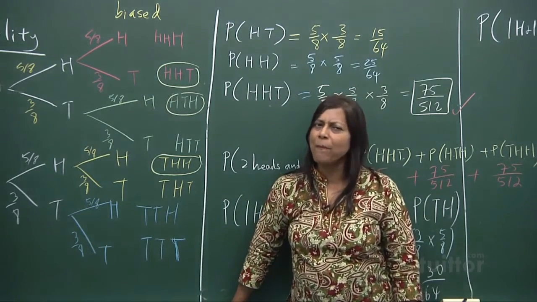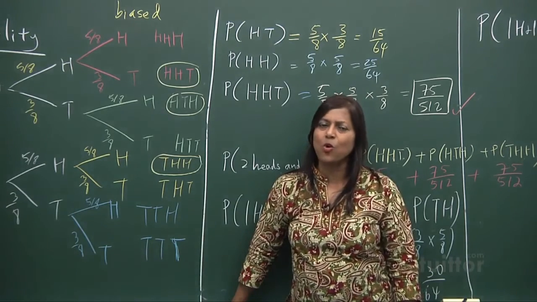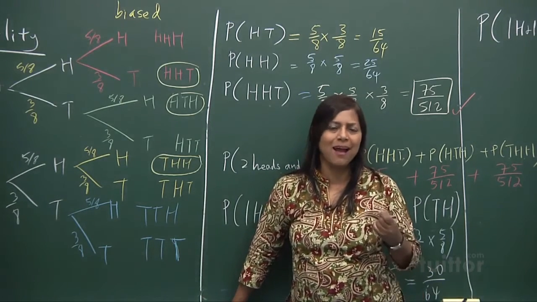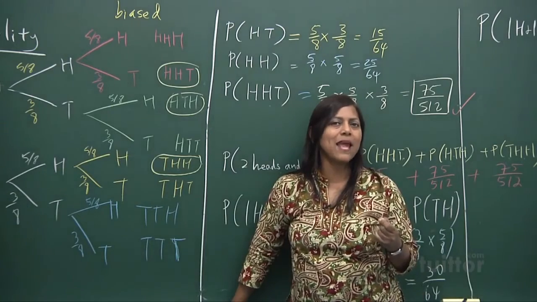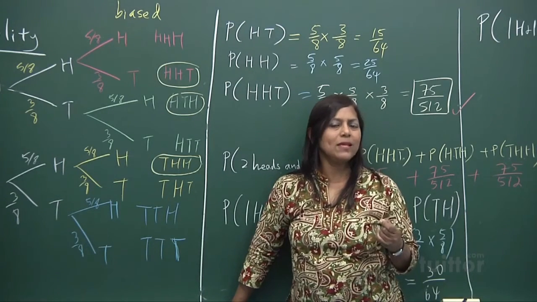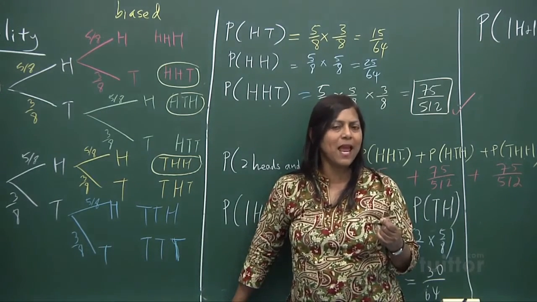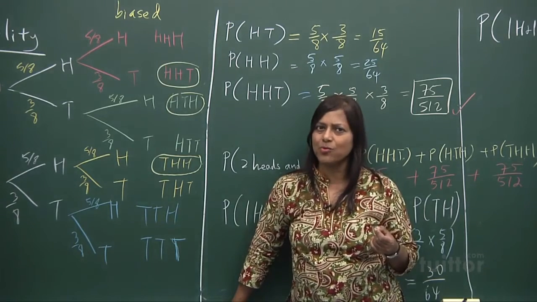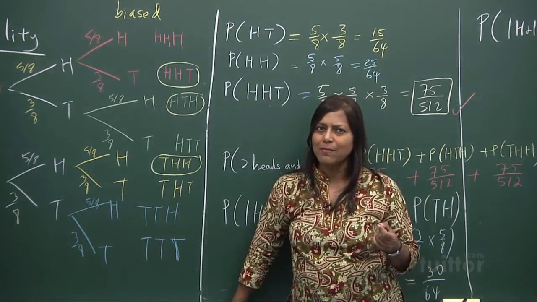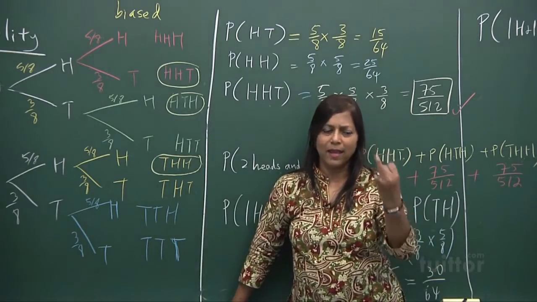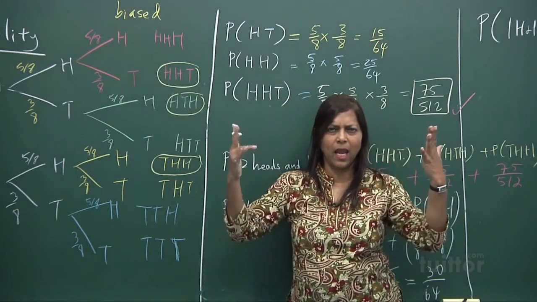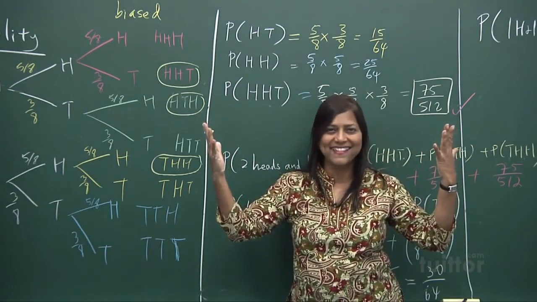Now what happens if they tell you, if I throw the coin 10 times and I want 10 heads, what is the chance of getting 10 heads from the 10 throws? So what do you get? Probability of head, 10 heads.